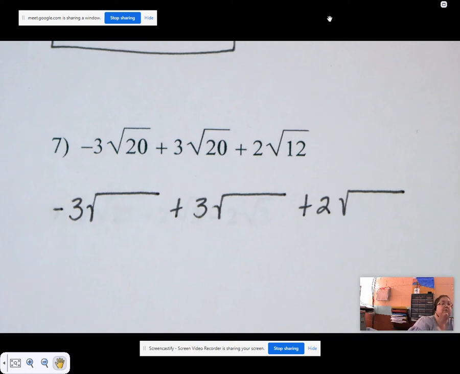Once you have your answer, check it. Type in the problem, type in your answer, and make sure it is correct.